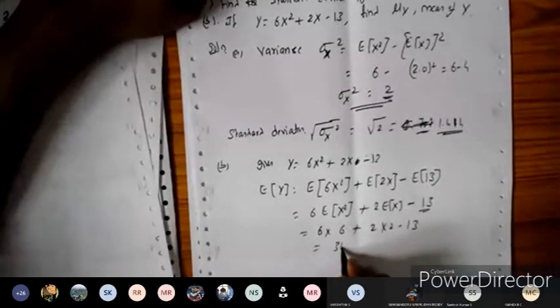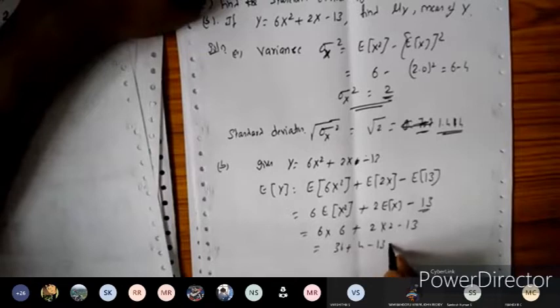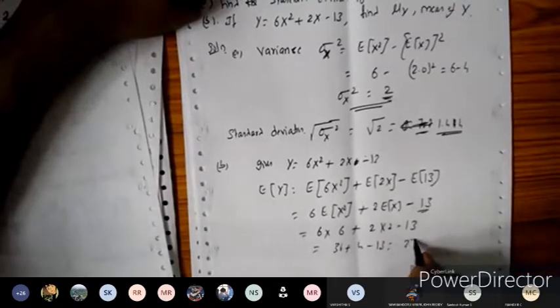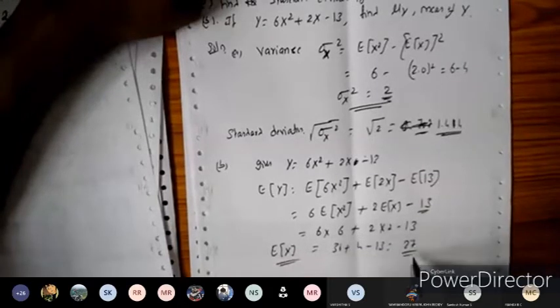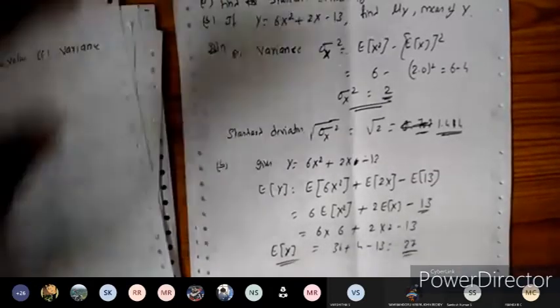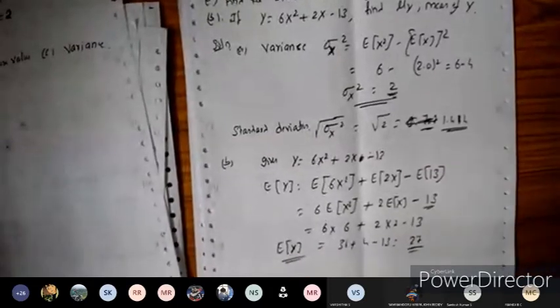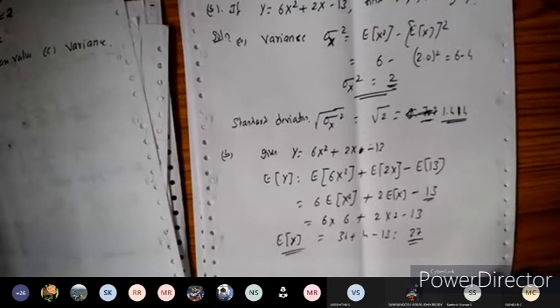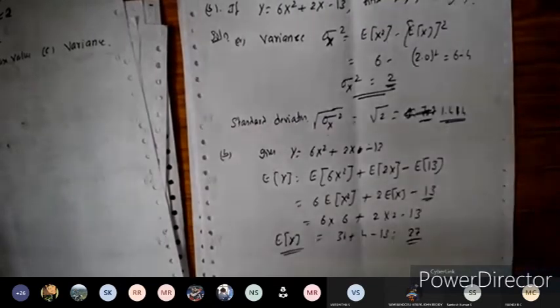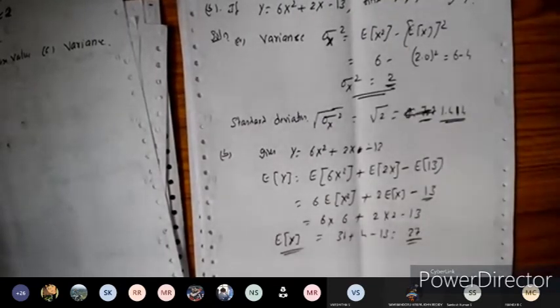So 6 times 6 is 36 plus 4 minus 13. So 40 minus 13 is 27. So the expectation of y is 27. We have already seen the properties of the expectation operator, so as per that we can write like this.